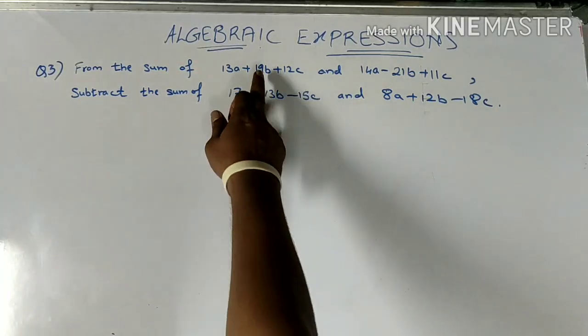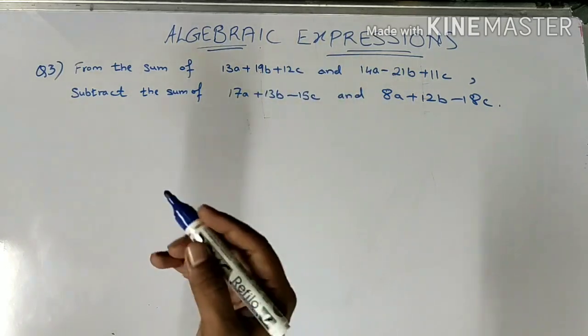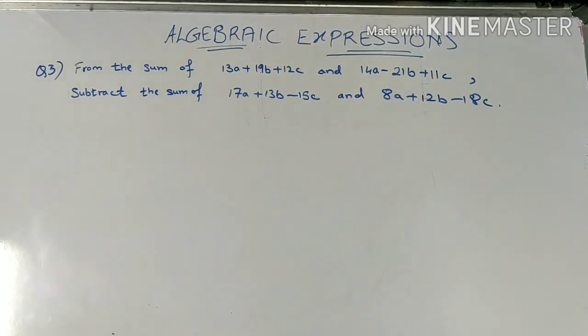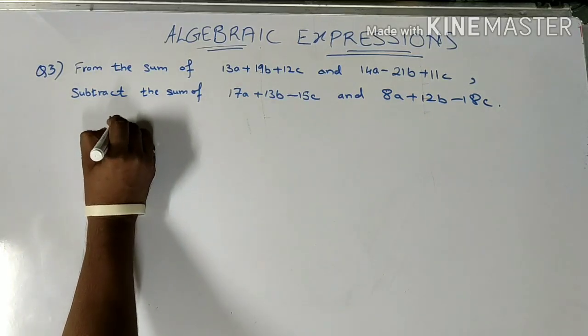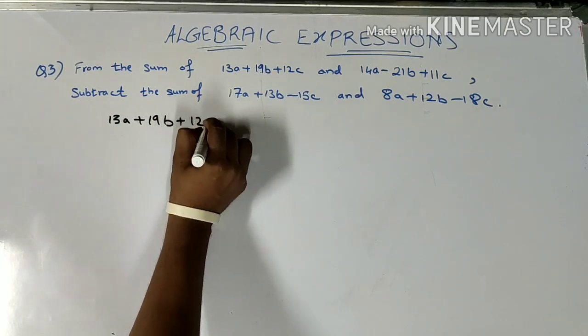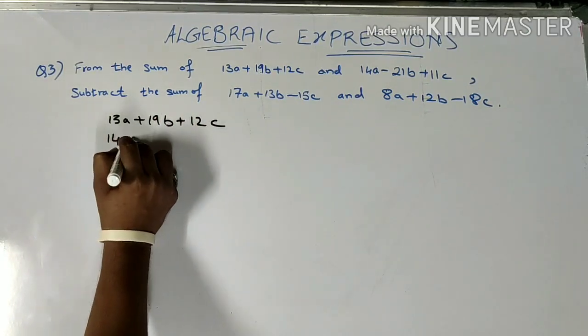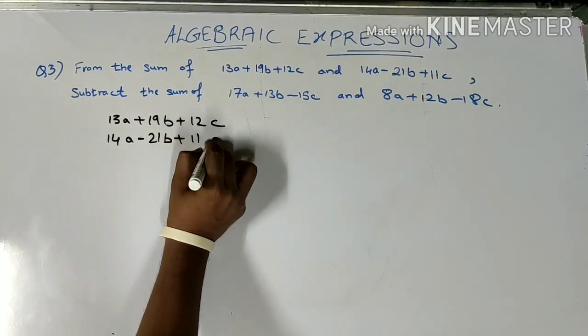Okay, from the sum of the first and second algebraic expression, that means you'll have to add the first and the second algebraic expression. So 13a plus 19b plus 12c and 14a minus 21b plus 11c.